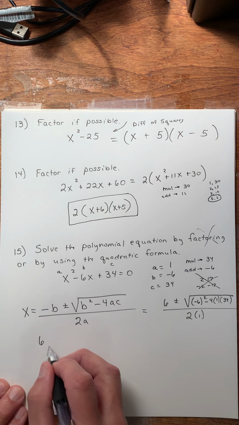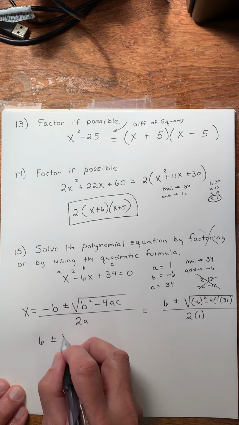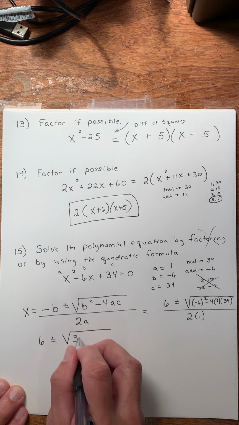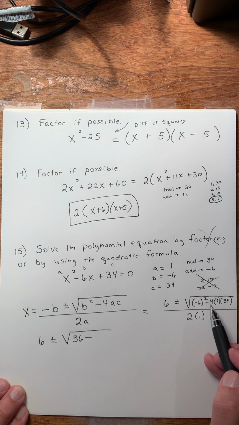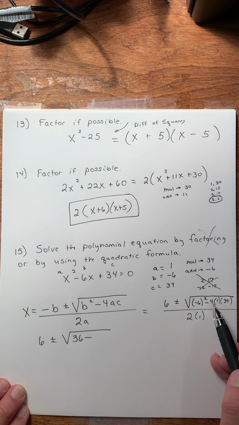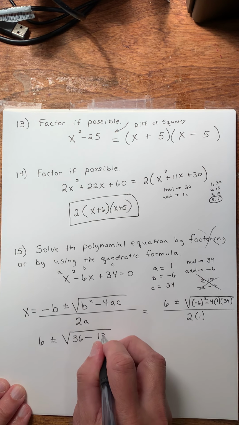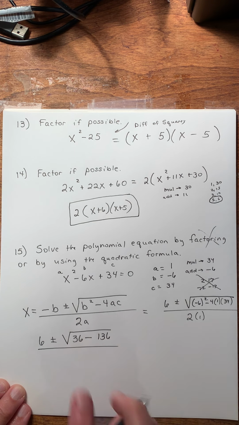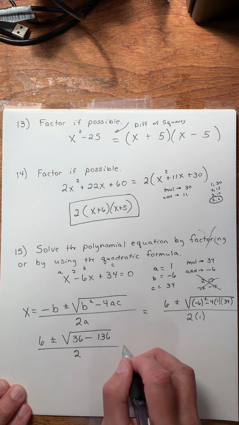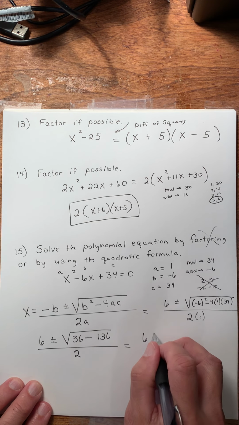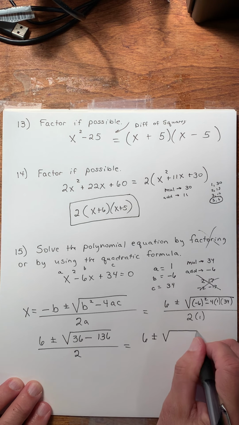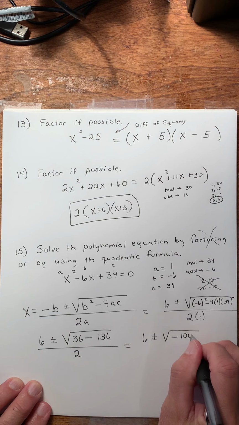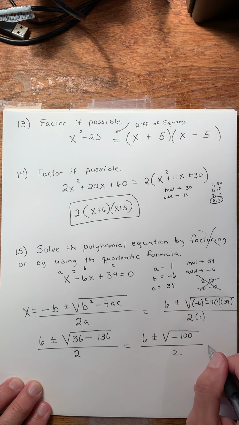So I get 6 plus or minus square root of negative 6 squared, always positive, is 36 minus 4 times 34, which is 136. Uh-oh, that's going to be negative. All over 2. I get 6 plus or minus the square root of 36 minus 136, which is negative 100, over 2.